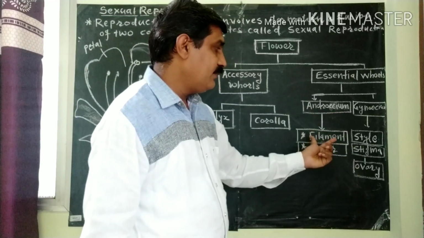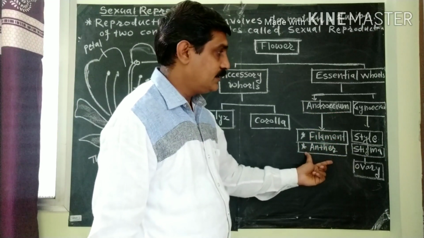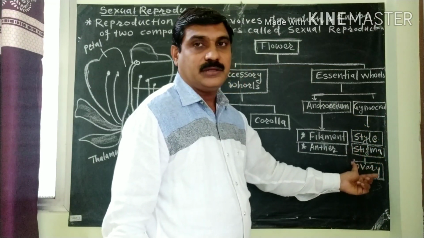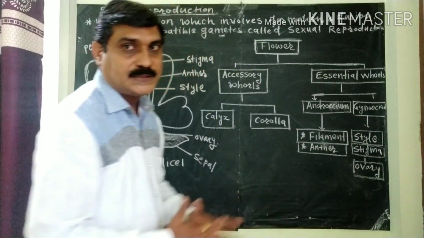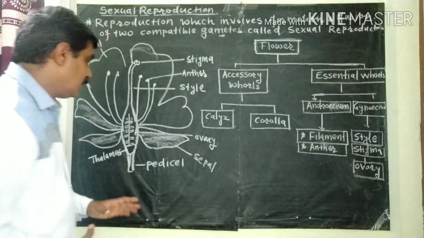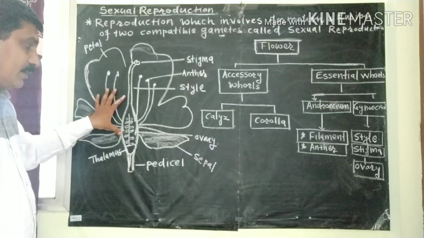Androecium consists of filament and anther, and gynoecium consists of style, stigma and ovary. Let us discuss all these components of the flower with the help of this diagram.